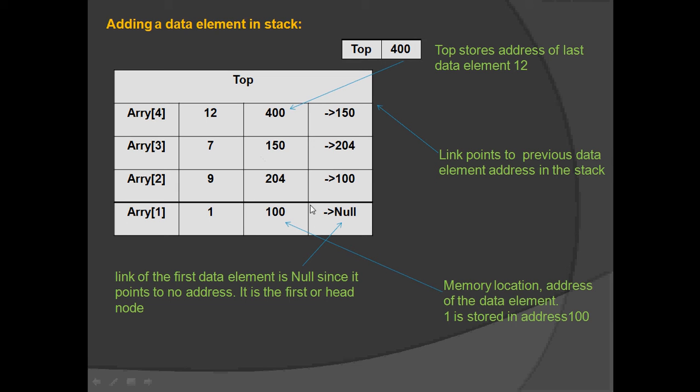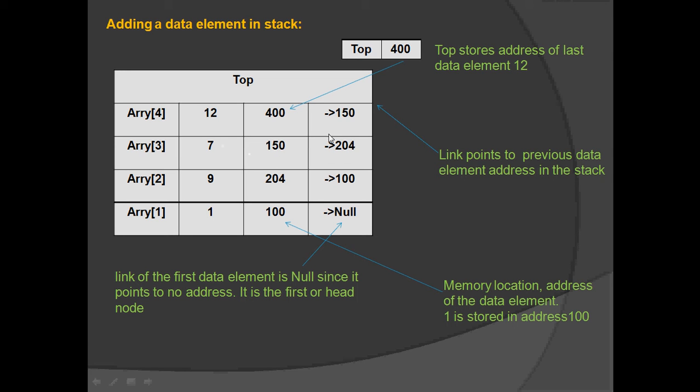But in a linked list, the addresses where the data are stored are in random order, although this is the first data, then the second data, like that. This is one of the advantages of the linked list. So how do you link this data, first, second, third, fourth, if the addresses are not in sequential order?